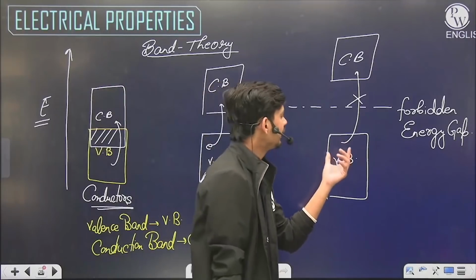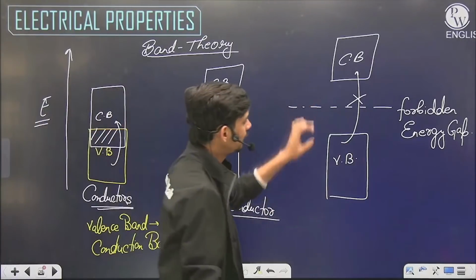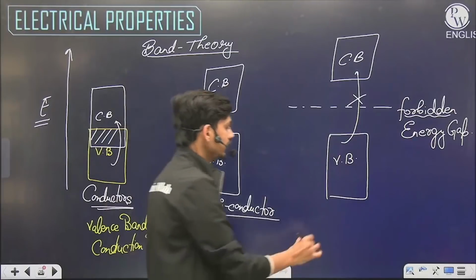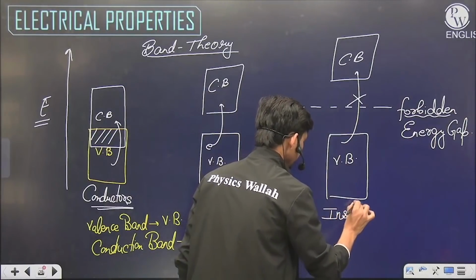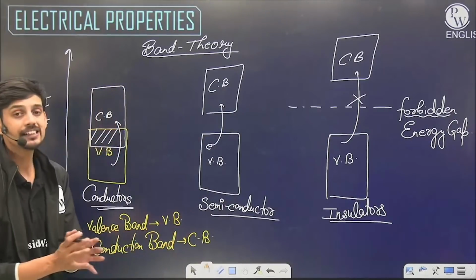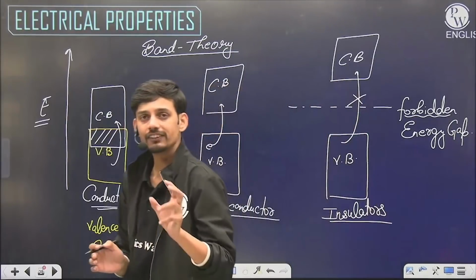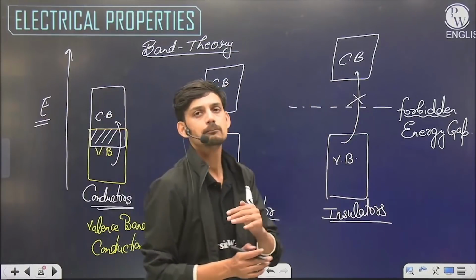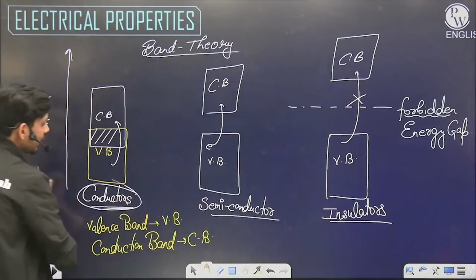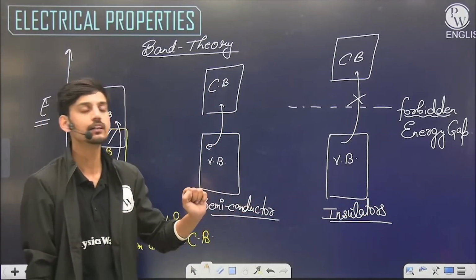It may be that the non-metal will melt down, or it won't absorb such energy, and due to any reason the energy absorption across this gap is not possible, and such substances become insulators. So that's how, on the basis of band theory, we explain conductive, insulating and semiconductor materials. Most metals are conductors, most non-metals are insulators, and metalloids are semiconductors.